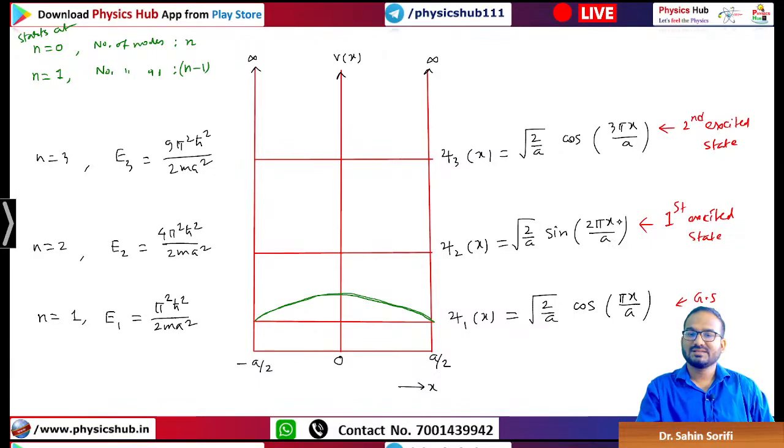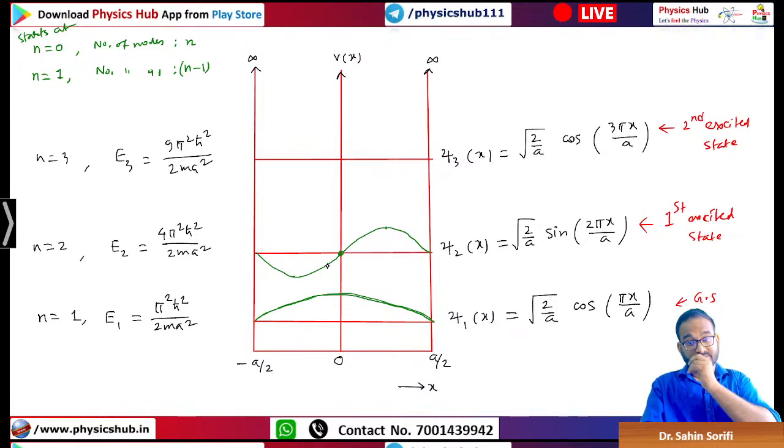So for minus a by 4, it will be minus 1. So the curve will pass through this point. At plus a by 2, sine has a positive value. So this will pass like this. So it has only one node here for n equals 2.